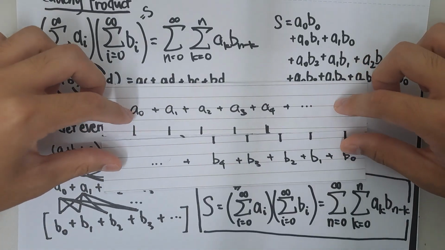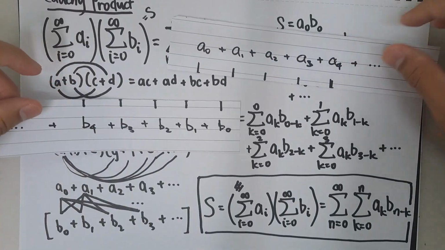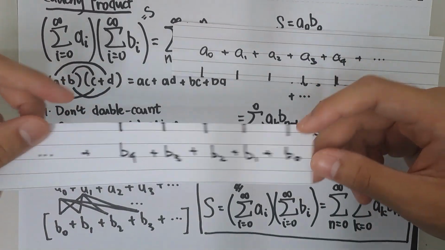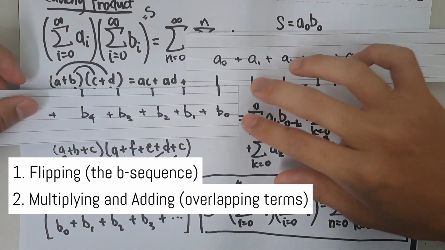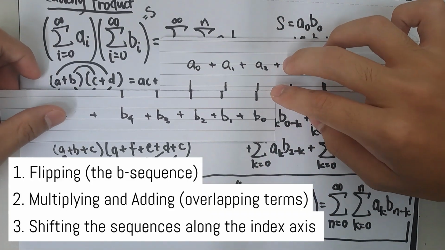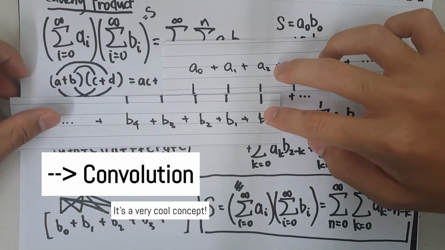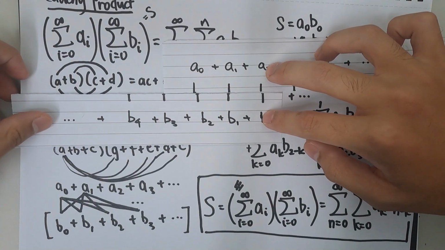And this process of having two sequences, having one flipped horizontally and then matching terms and having this sliding action going on, is what we call a convolution, the convolution of these two sequences.